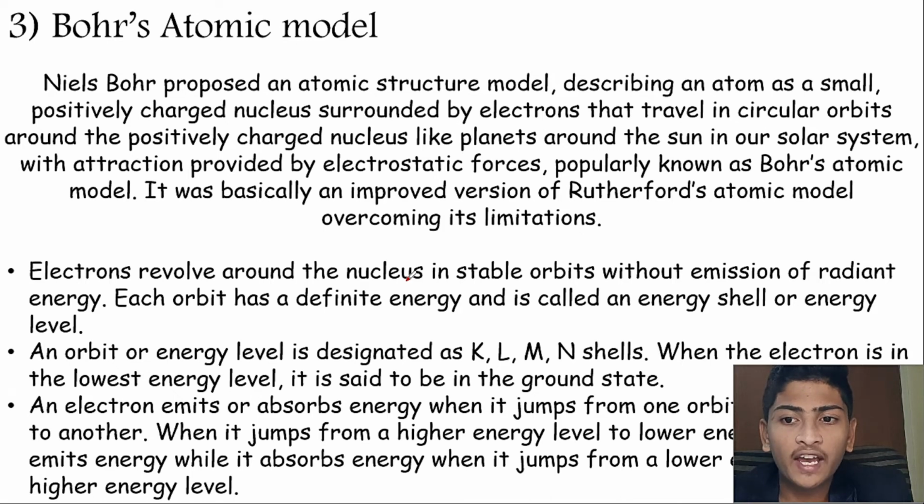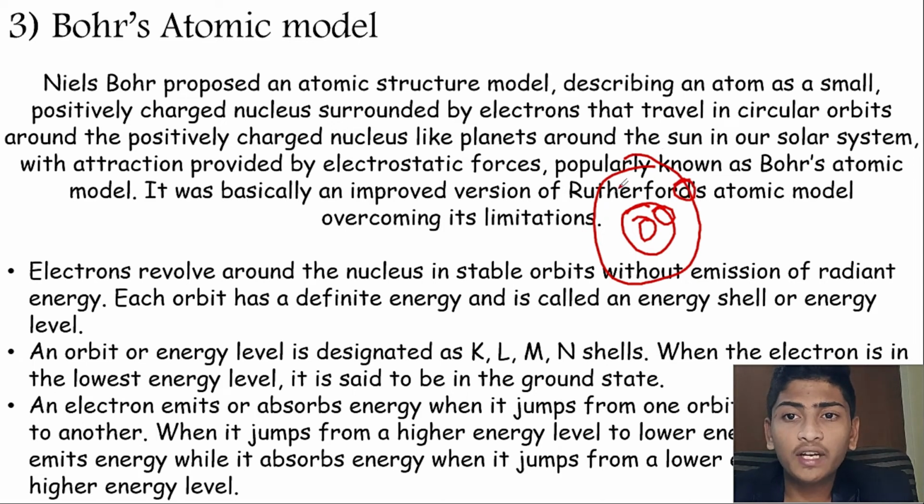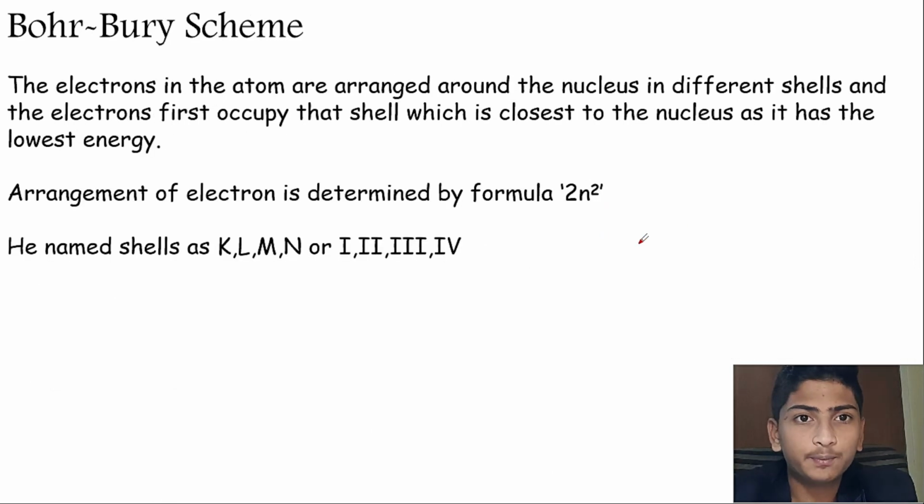If this is the nucleus and these are orbits, when an electron gains energy it goes to a higher orbit, but it can't revolve in that orbit itself, because that orbit has a certain energy which it doesn't have. So it returns back again. When it gains energy, it goes up, and when it loses energy, it comes back.